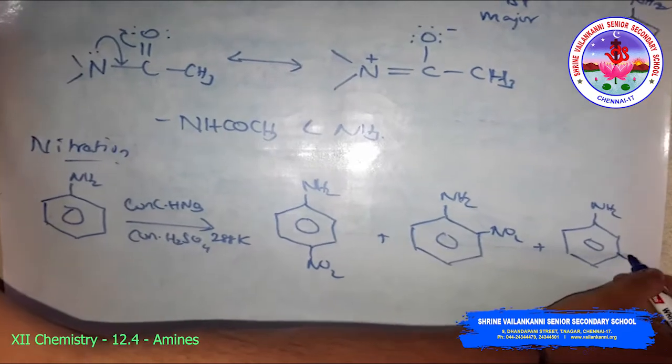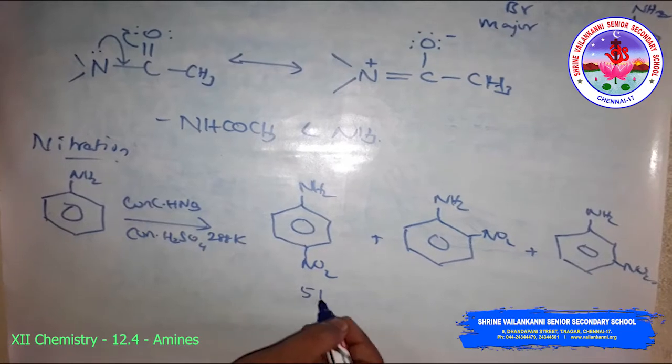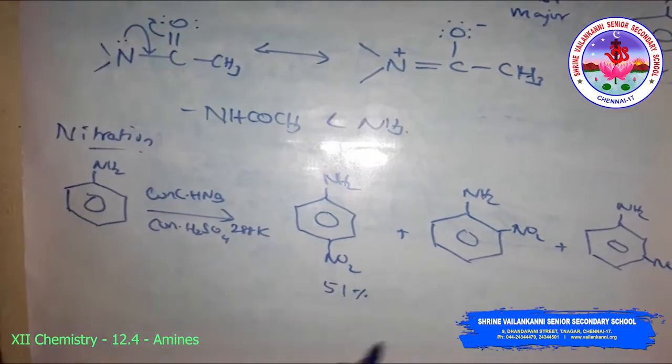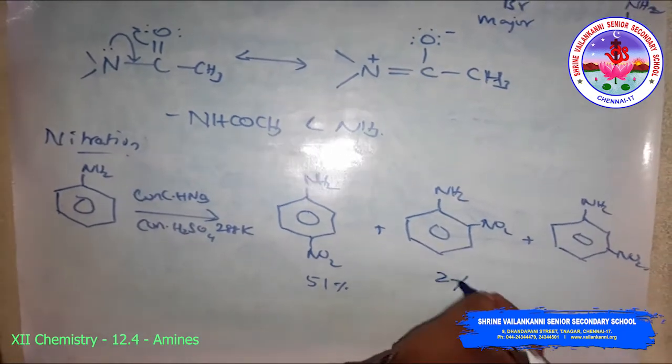However, by protecting the NH2 group by acetylation with acetic anhydride, the nitration reaction can be controlled and the para-nitro derivative can be obtained as the major product.